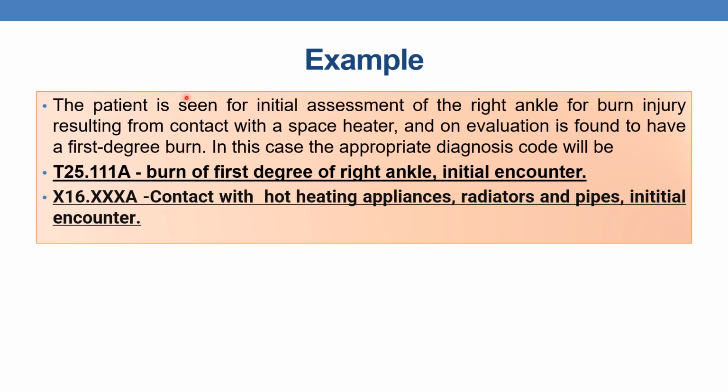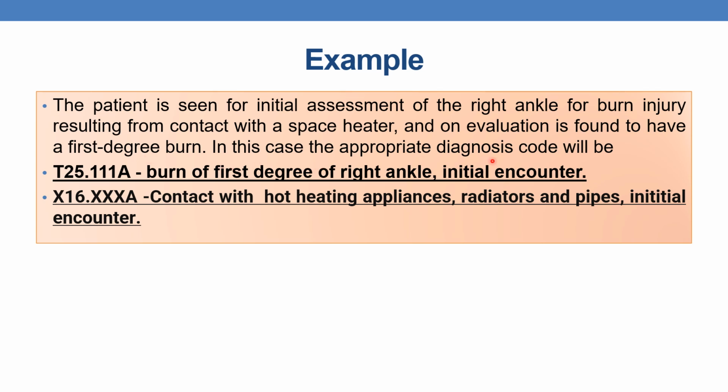Let us see an example. A patient is seen for initial assessment of the right ankle for burn injury resulting from contact with a space heater, and on evaluation he is found to have first degree burn.